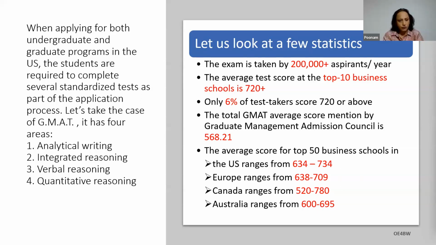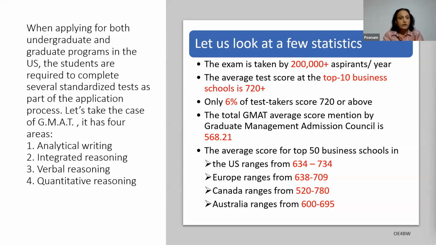Everyone knows, but I'll just repeat it. GMAT actually has 4 areas. One is analytical writing assessment. Second is integrated reasoning. Third is verbal reasoning, and fourth is quantitative reasoning. I'm providing few statistics which has been given by the Graduate Management Admission Council.